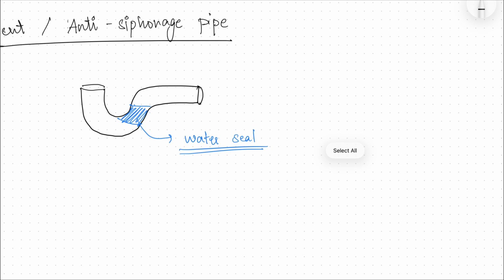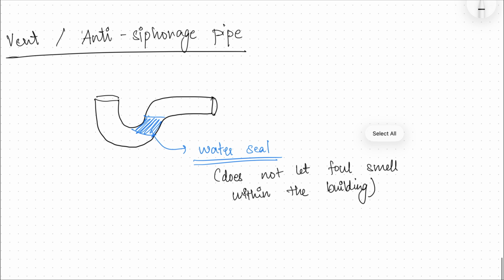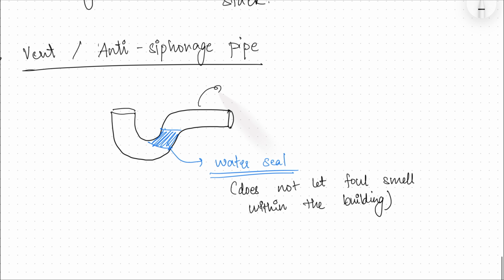So this does not let foul smell within the building. And this is your trap, and there are various types of trap. Here I have shown the P trap.